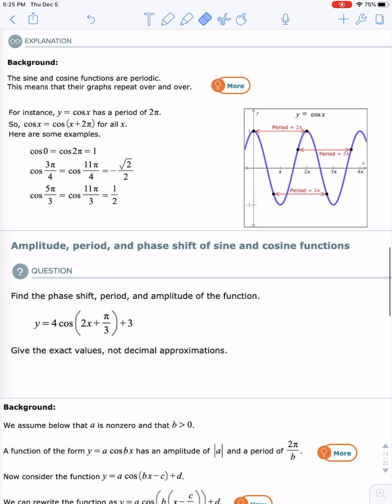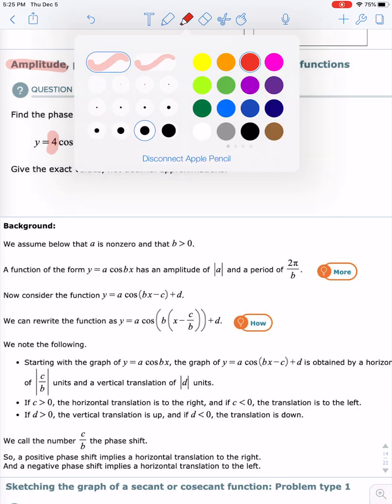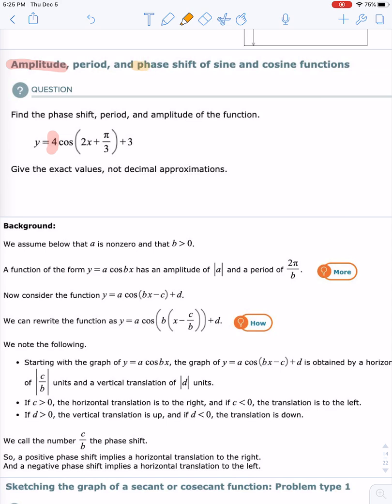Now we're looking at amplitude, period, and phase shift. Again, amplitude. Oops, I said amplitude and then I highlighted period. So amplitude is this value here. Phase shift is found here.